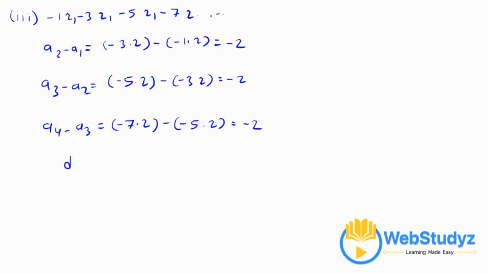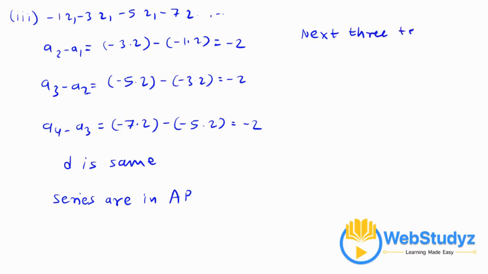That means the common difference D is the same. That means we can say the given series is in AP. So we have to find out the next three terms, which are A5, A6, A7.